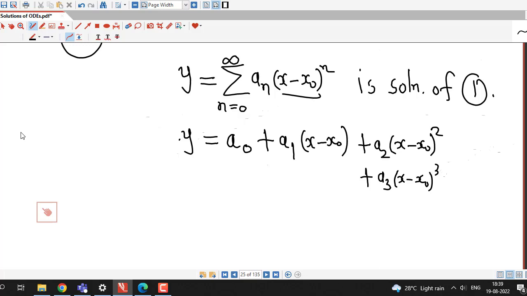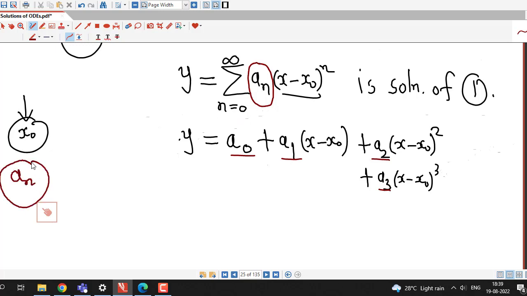It will be given in the examination, find the power series solution about this ordinary point, or about the given point x0. What is unknown for us is all these coefficients a0, a1, a2, a3. We don't know what these coefficients a_n are, so our aim is to decide these coefficients a_n.